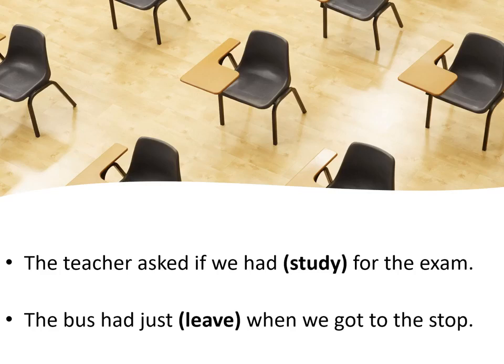Oh students, look at this picture. There are some vacant chairs. No people are there, no student is there. And the teacher asked if we had studied for the exam. And you know, in the bracket we see the word study, and before the bracket there is the word had. Okay, fine. Now go to the second sentence.